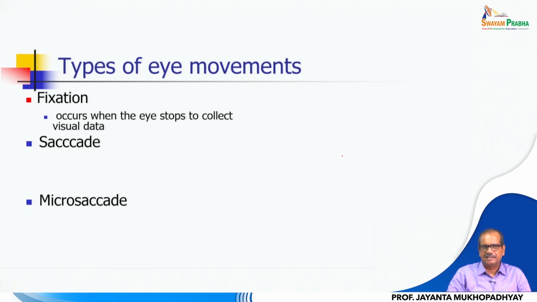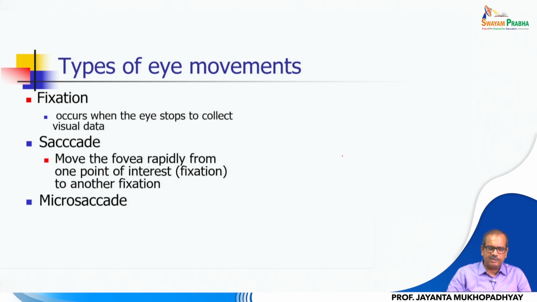Then there are saccades, or saccadic movements. They move the fovea rapidly from one point of interest to another. So these are the transitions of selective attention. Saccadic movements are the movements for selective attention.